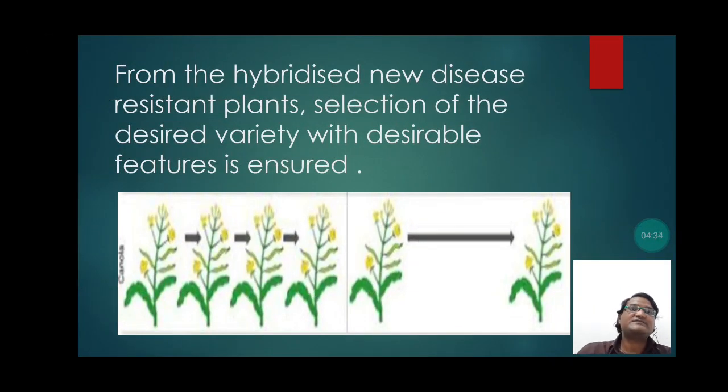From the hybridized new disease resistant plants, selection of the desired variety with desirable features is ensured.